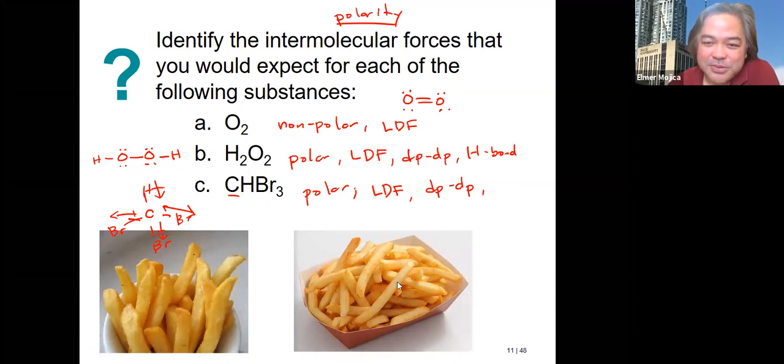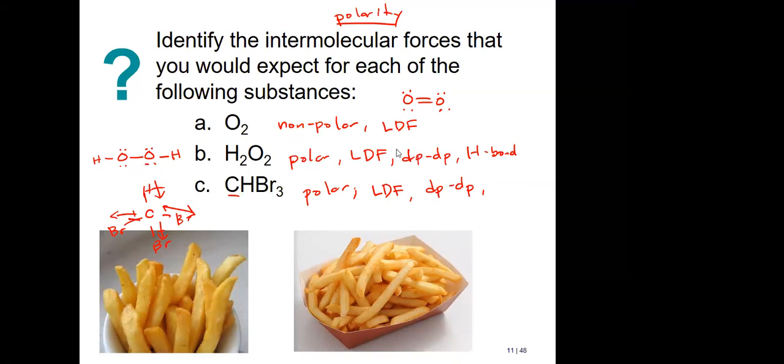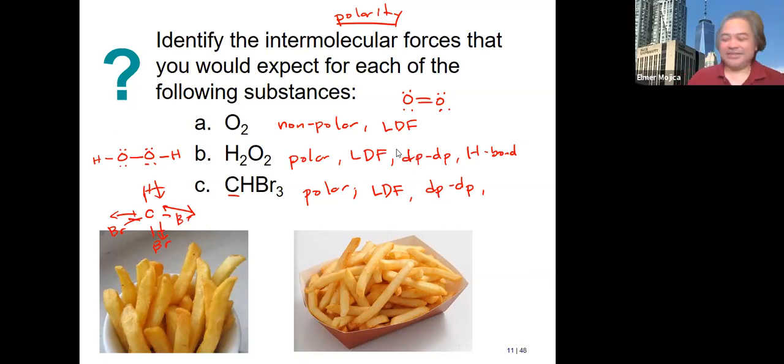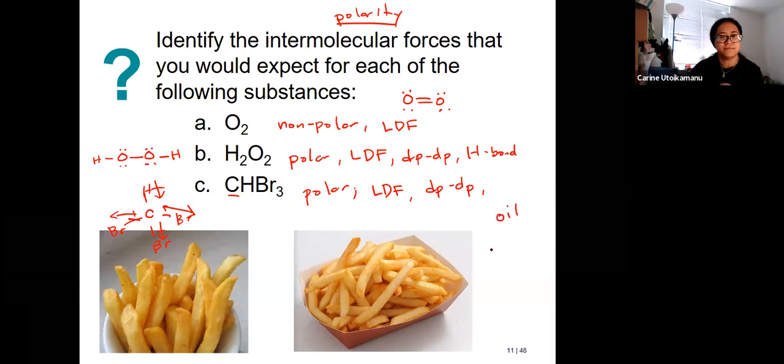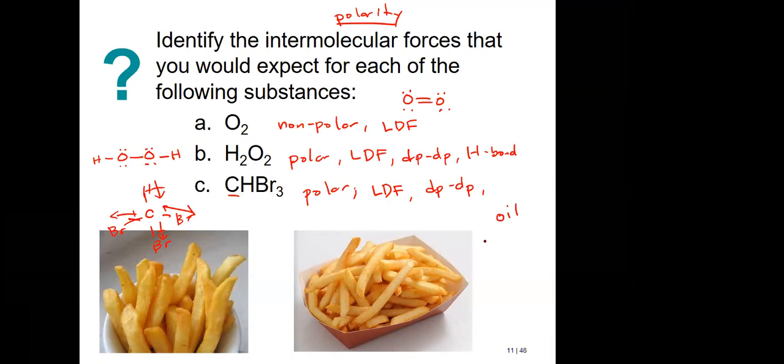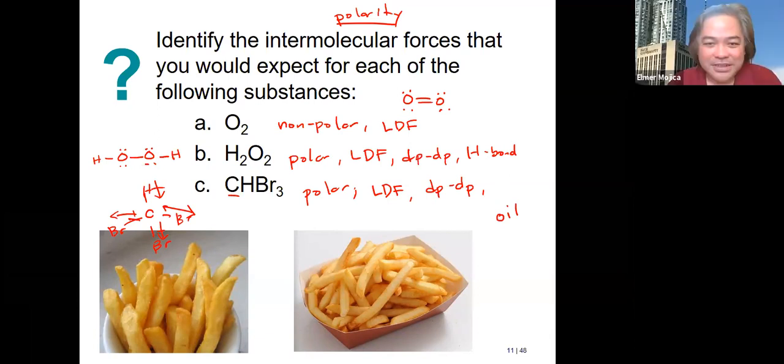How do you make French fries? You need to fry them. Fry the potato. Okay, so what is the material in frying? Oil. So is oil polar or non-polar? Non-polar. Oil is non-polar.